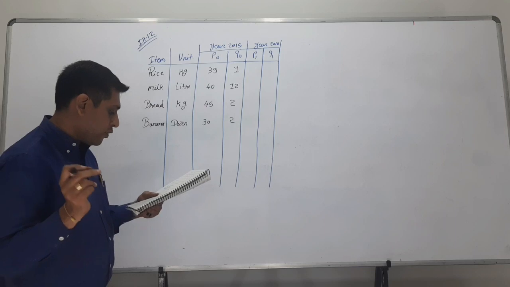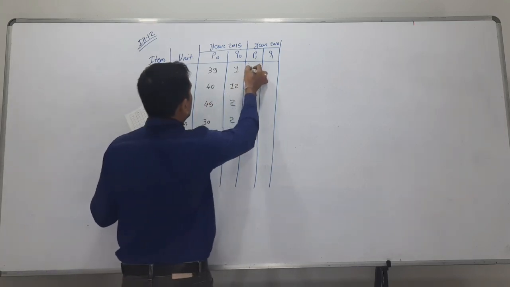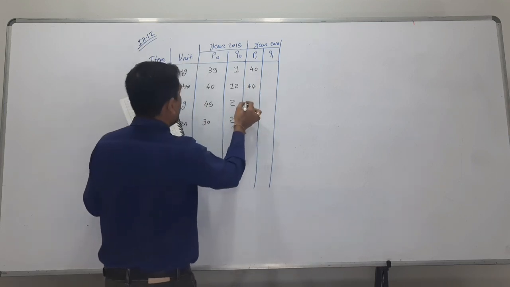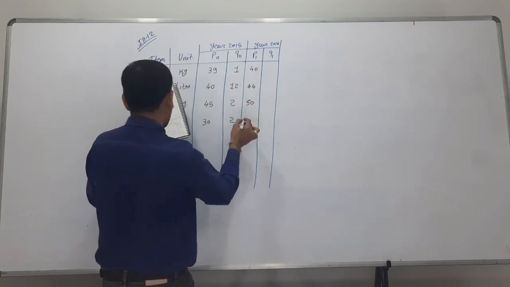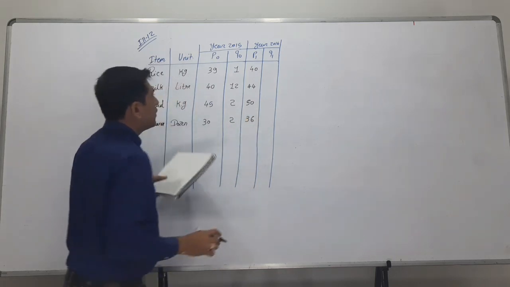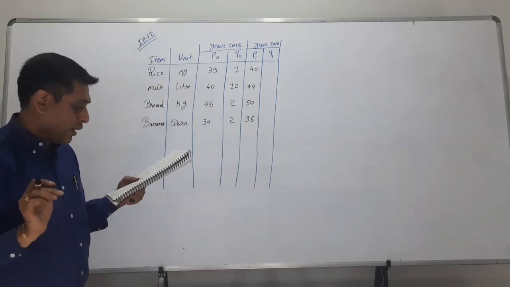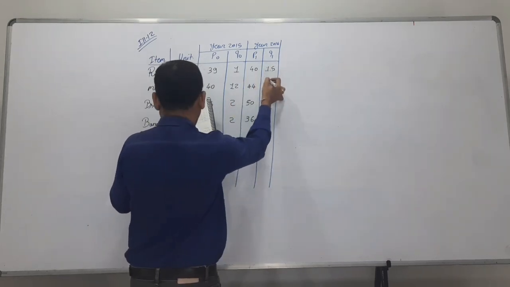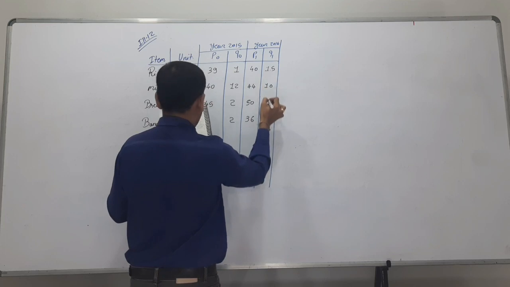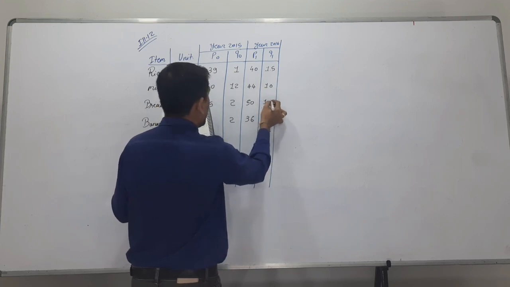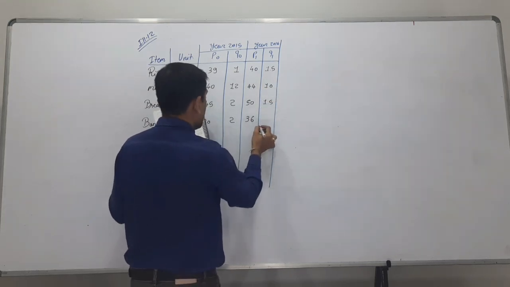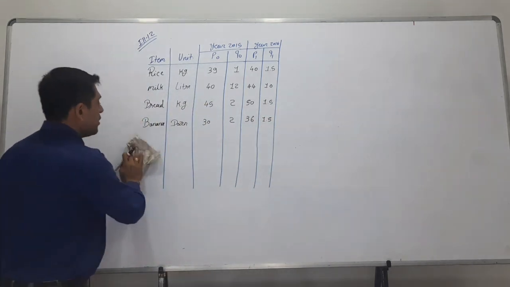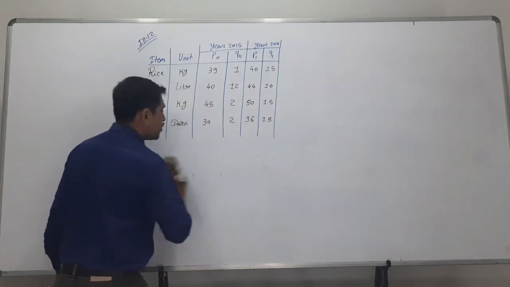Now the price of current year is 40, then 44, then 50, and then 36. This is the price of current year. Now the quantity of current year is 1.5, then 10 liter, then 1.5 kg again, and then 1.5 dozen. See, this is the information given in the question.